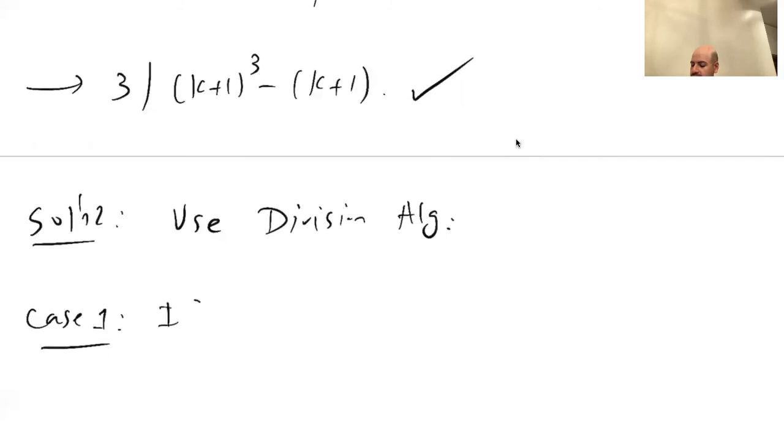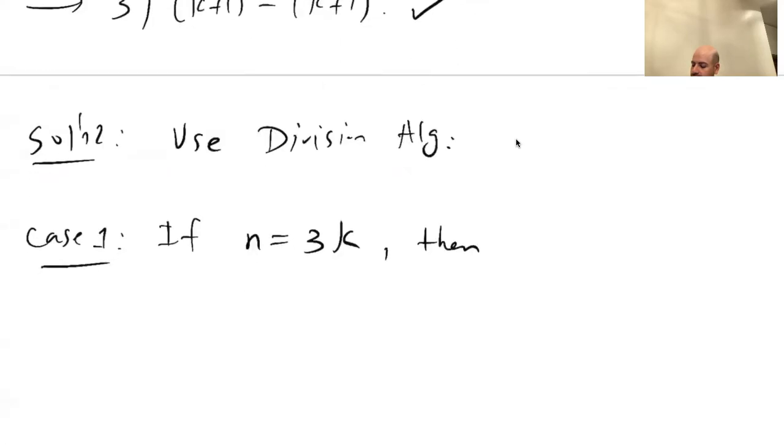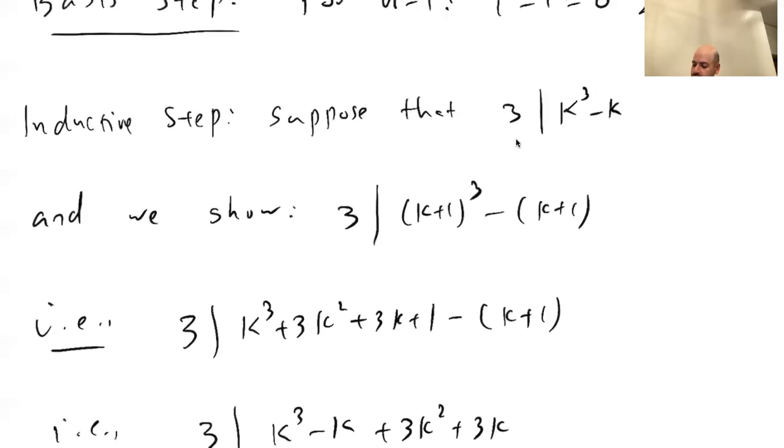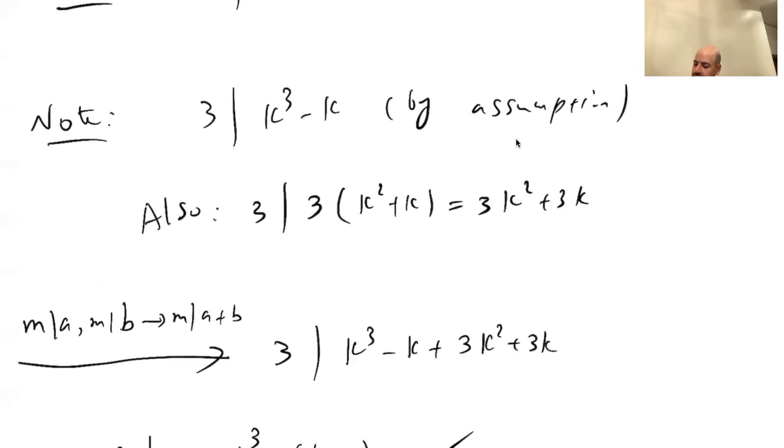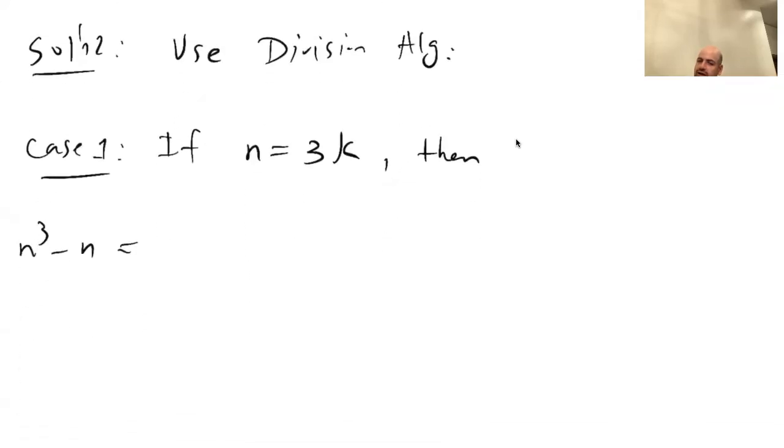So case 1, if the remainder is 0, meaning that n is a multiple of 3, then n cubed minus n. Remember, we wanted to show n cubed minus n is divisible by 3. So I have only 3 possibilities for n. Either the remainder of n divided by 3 is 0, or 1, or 2. So I will consider 3 cases, and in each of these 3 cases, I will show that n cubed minus n is a number divisible by 3. In this case, it's very easy.